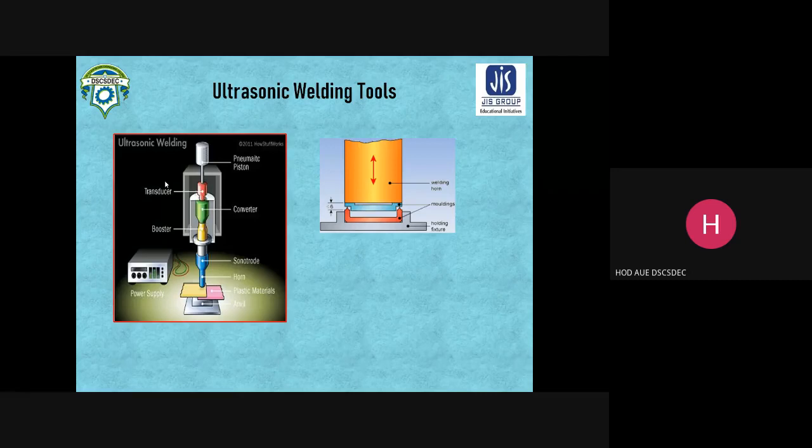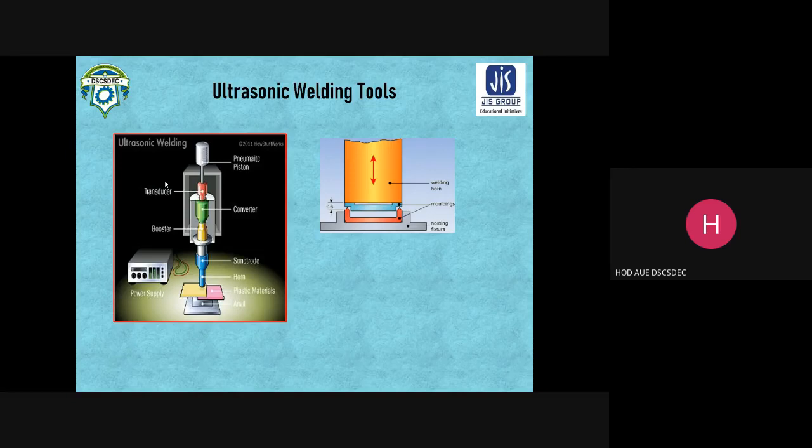Now this welding horn is generally produced of aluminium or titanium. Aluminium welding horns are generally used for low volume applications. That means for welding of plastics, you will see that aluminium welding horns are used. But when we are concerned with the welding of metals, we will generally use titanium for it.